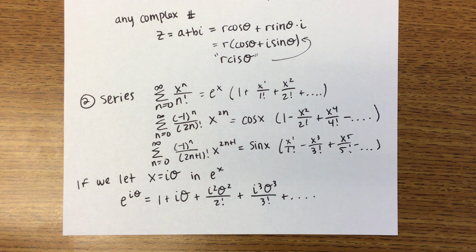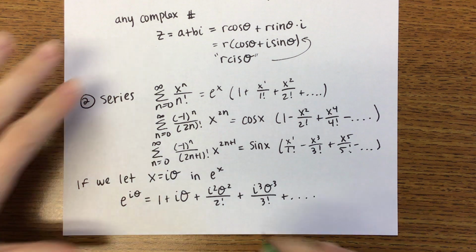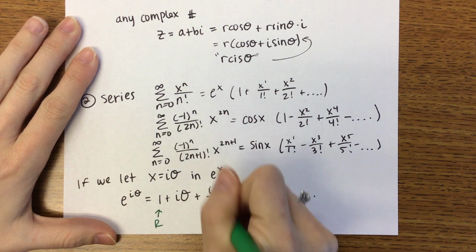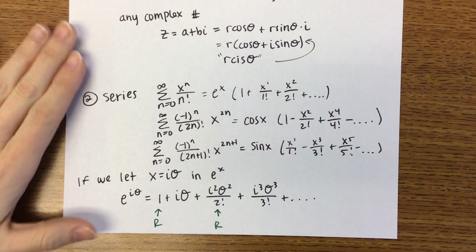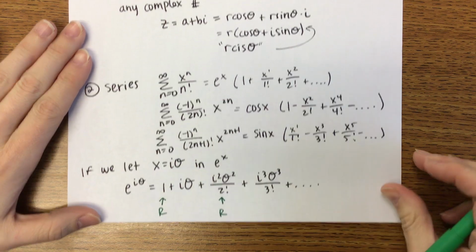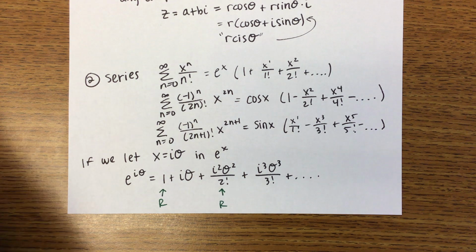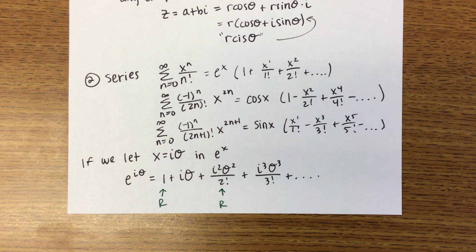Okay, what you should notice is that every other term is real and the remaining terms are imaginary. So this term is going to be real. This one, i squared, is negative 1, so this is also real. This is imaginary, this is imaginary, so they're going to alternate. So it's helpful then if we put the real parts together and the imaginary parts together.